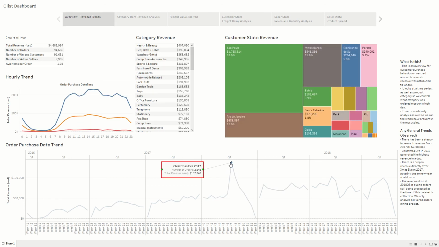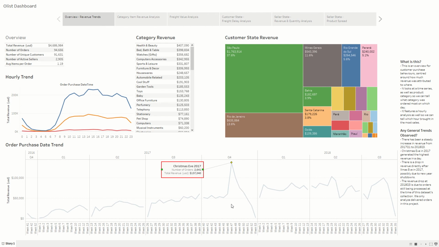If we compare that to another period, it's kind of the same product categories, but you see the purchase behavior and the hourly pattern actually has changed. The general trend is increasing from Q1 all the way through 2017 to 2018.